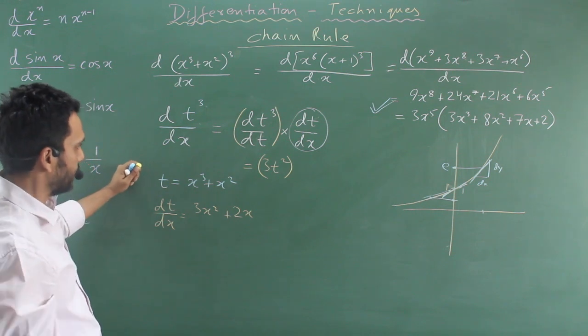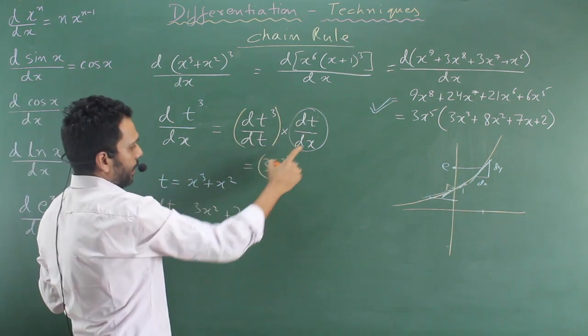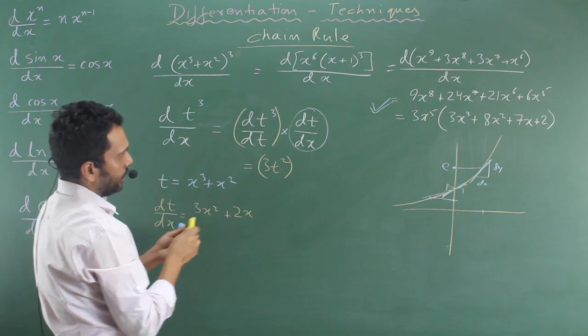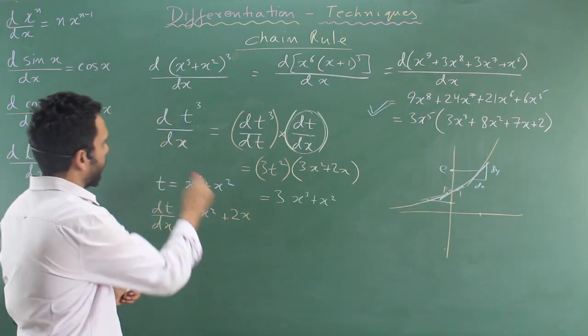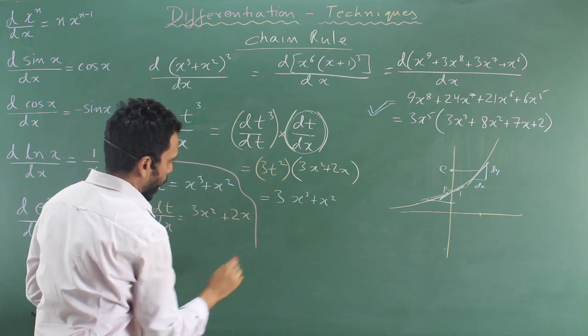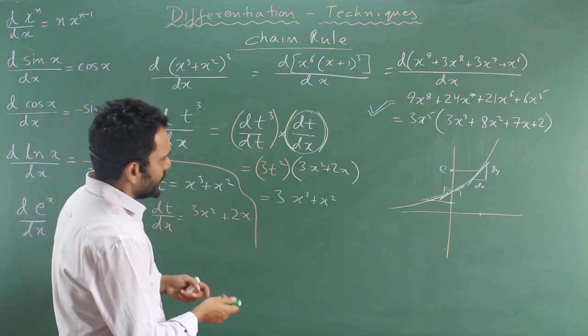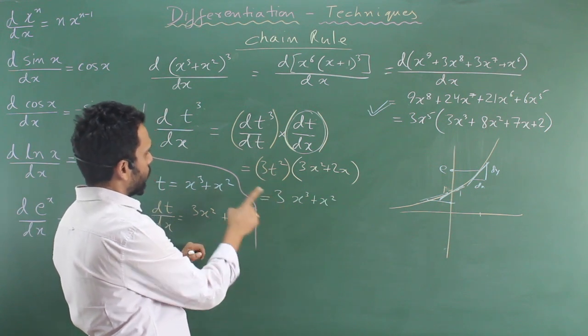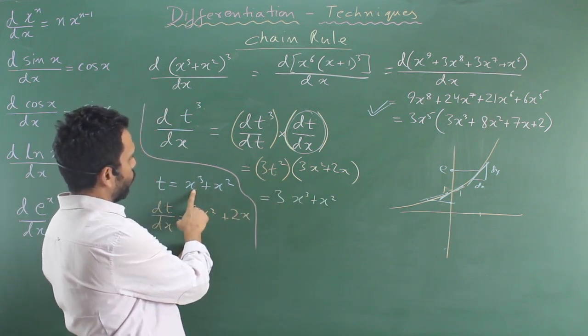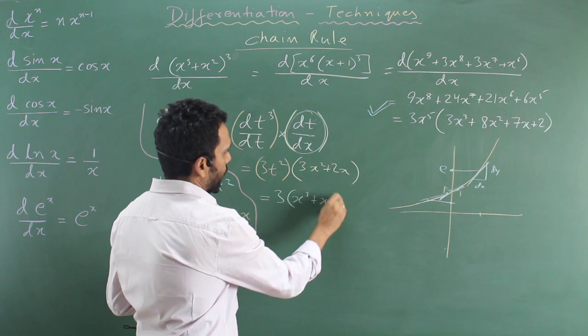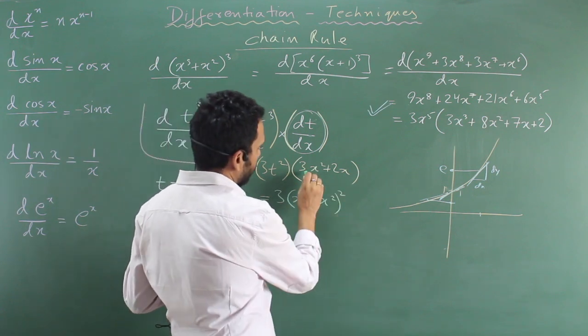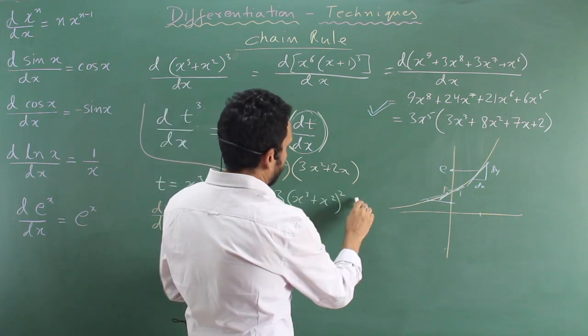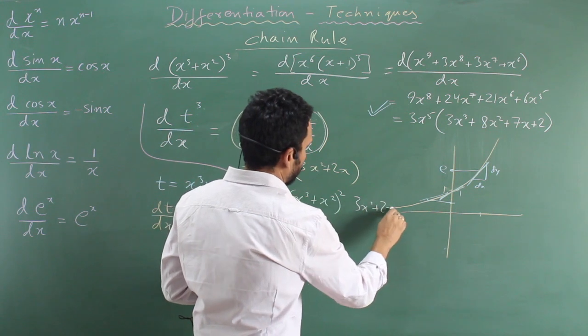So dt by dx would be how much? I'm sorry, the thing got disconnected. So what we were doing is writing the t in form of x. So t was x cube plus x square, and we have a t square, so square of that, and then we have a 3x square plus 2x.